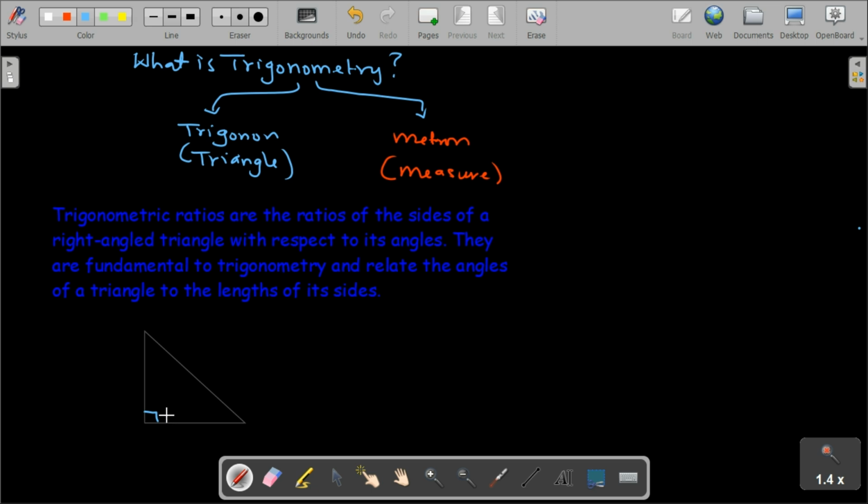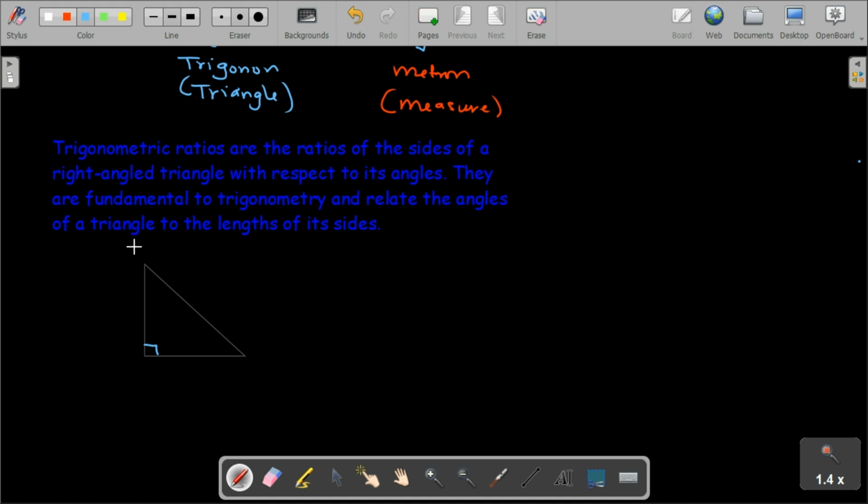Now, conventionally, we label the vertices of a triangle with capital letters. For example, I could say, this is A, this is B, and this is C, where this triangle has three sides: side AB, side AC, and side BC, or you say side CB.